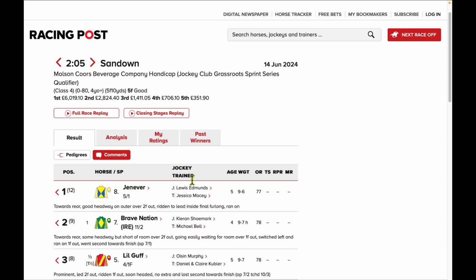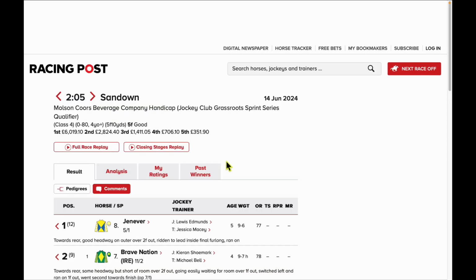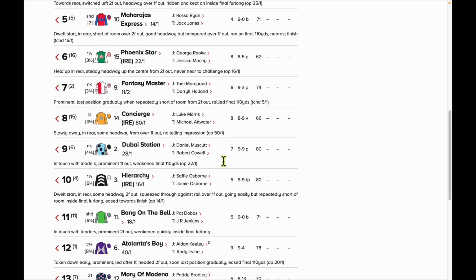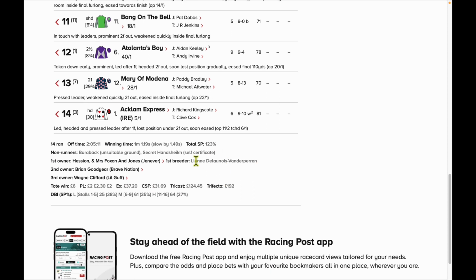Divided by 8, multiplied by 5, equals 2.75. It should be 2.75 seconds slow. And it's 1.49. Take away the 1.49, that will give you 1.26. Divide it by 5, and that tells us on the sprint course the going is 0.252 seconds per furlong fast. The problem is we've only got one race to go on.